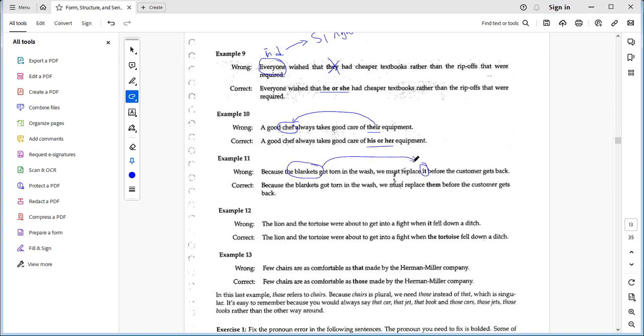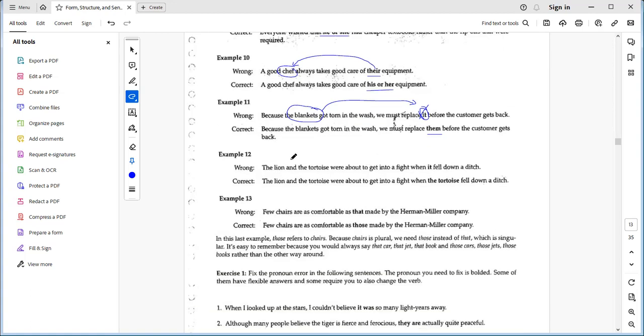How can you say "it"? It is wrong. It must be "them." The lion and the tortoise, they are two, take care, it's not single. The lion and tortoise were about to get in a fight when it fell down a ditch. You have to write "they," because they are two, or you have to determine which one. So he changed it to the noun.